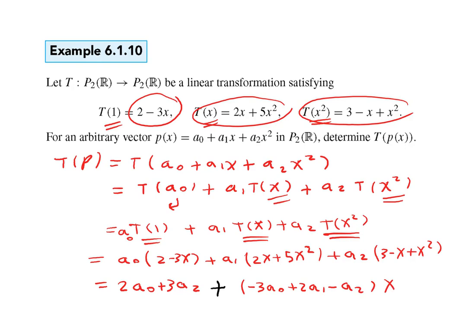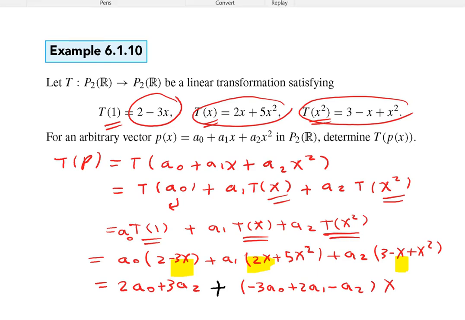That's my first degree term, just by combining wherever you see the x's. What do I mean by this? You look for the x term, the x term, the x term after you multiply by a sub 0, a sub 1, and a sub 2 and combine them together.